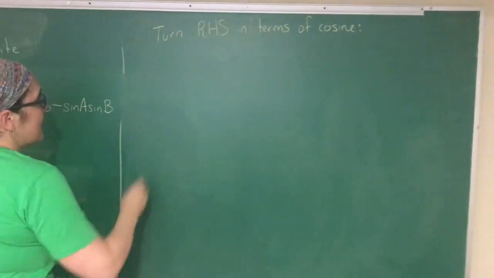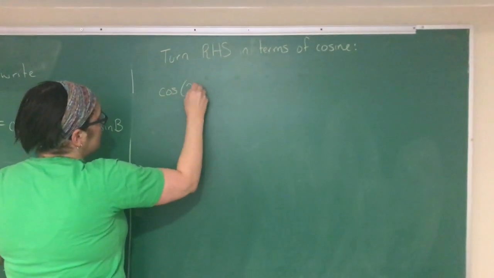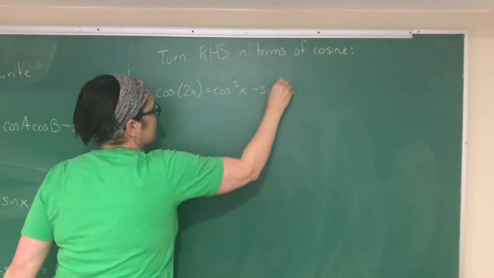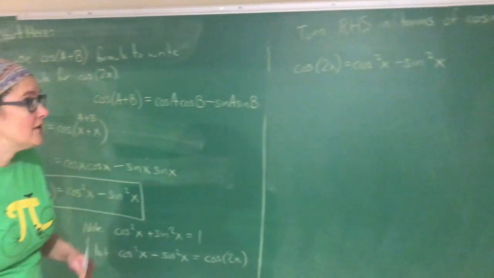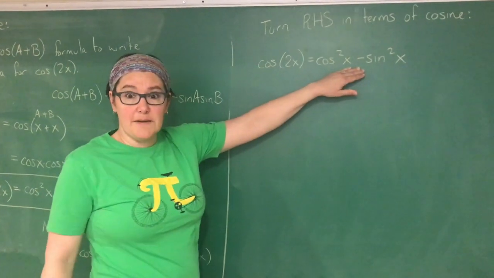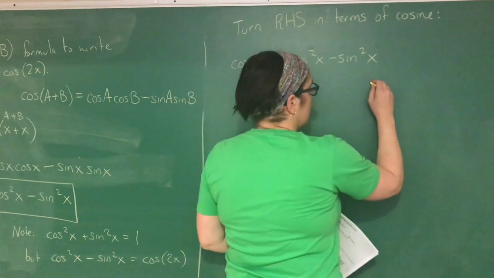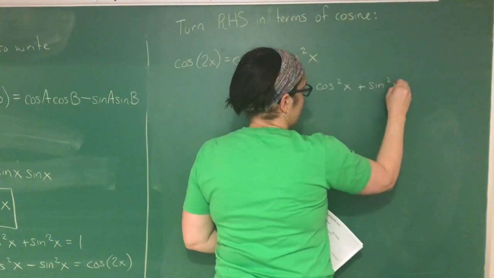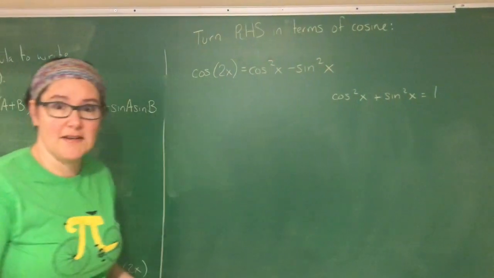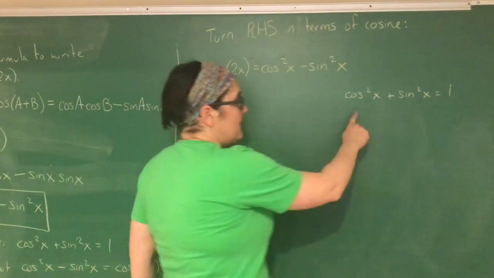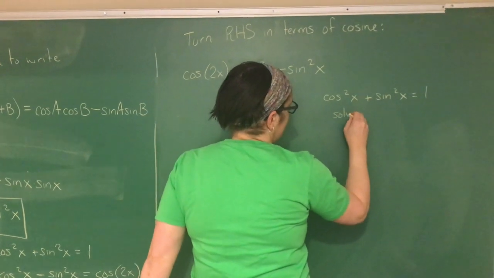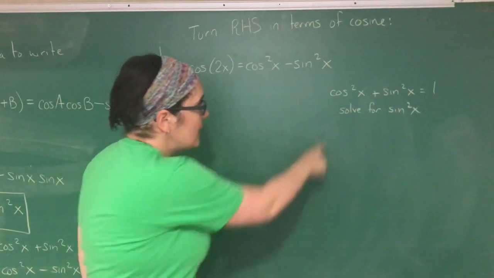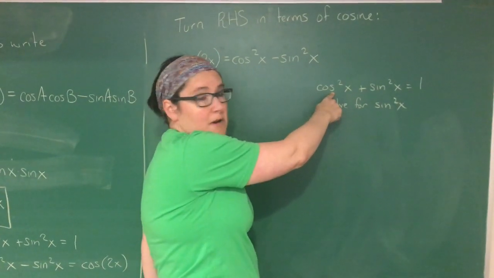Okay, so what do we have here? We have cosine of 2x is equal to cosine squared x minus sine squared x. And what do I mean by turning that right-hand side in terms of cosine? Well, I know that Pythagorean identity that says cosine squared x plus sine squared x equals 1, the best identity ever. If I solve this identity for sine squared x, I have to subtract cosine squared from both sides.